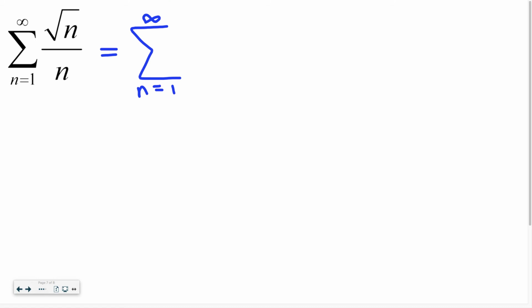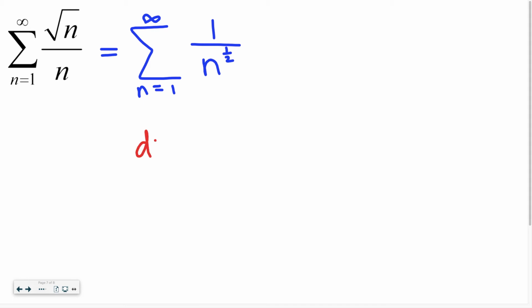How could we rewrite this? So how about 1 over n to the 1/2? So we have 1 over n to the p. If you can write it as a p series, go ahead and rewrite it as a p series, because then it's simple.